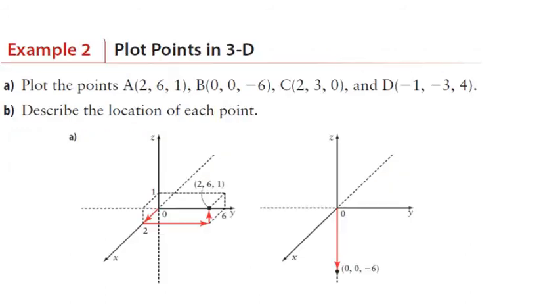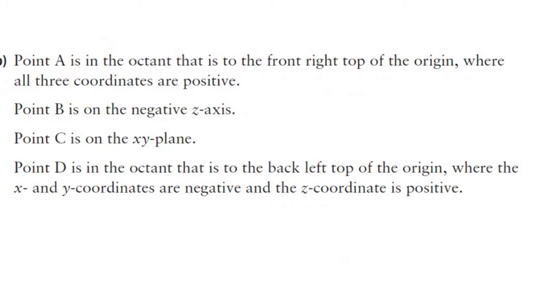Part B of this question was saying, describe the location of each point. Point A is in the octant that is to the front right top of the origin, where all 3 coordinates are positive.